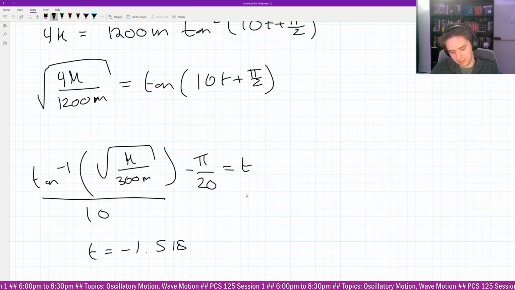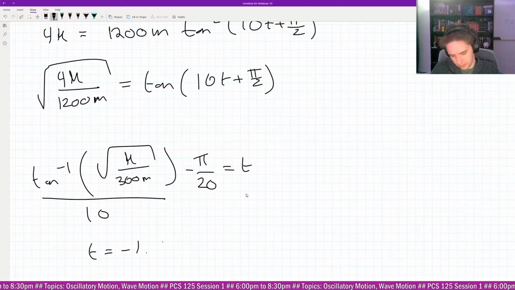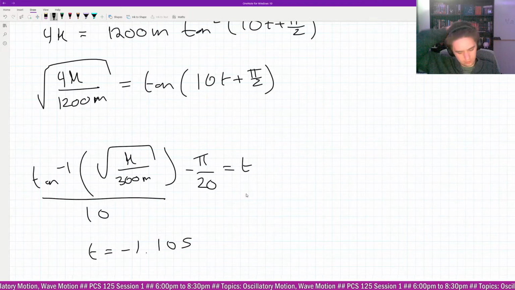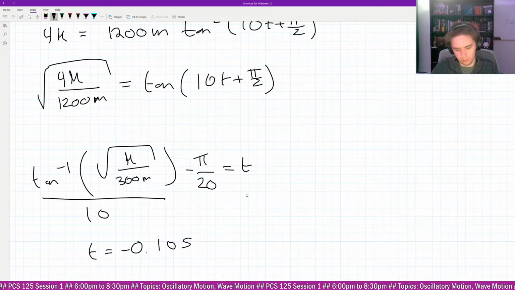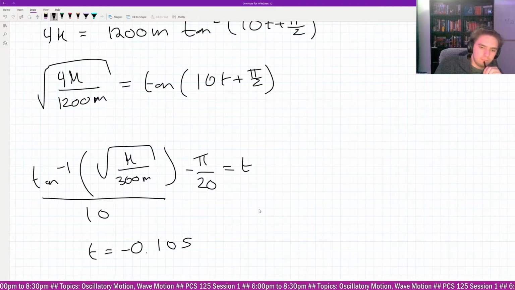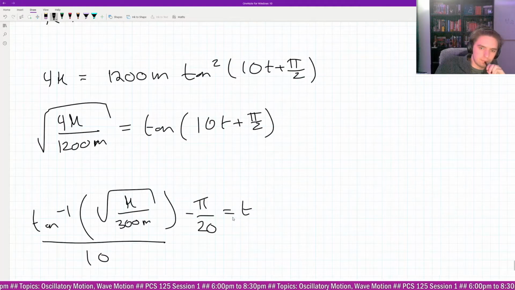Well, I still got a negative number. So negative 1.105. Still got a negative number. All right.